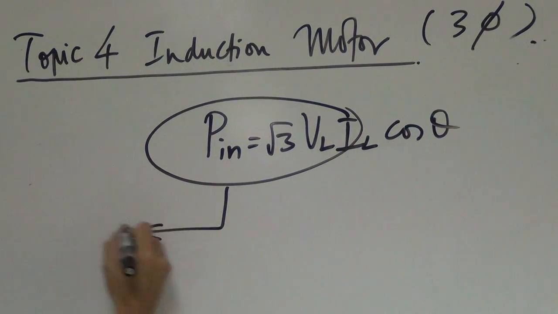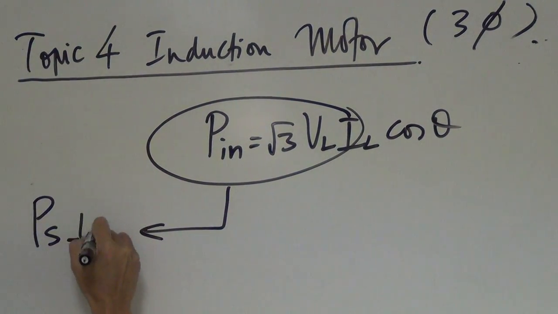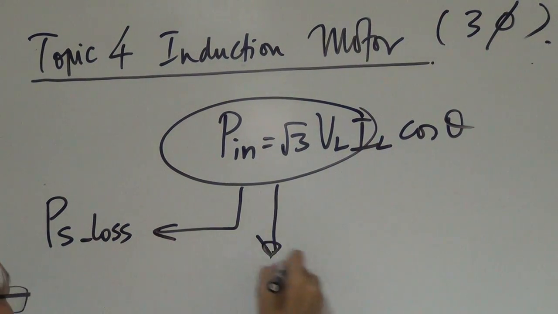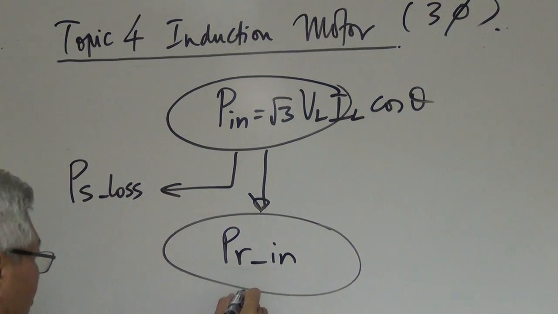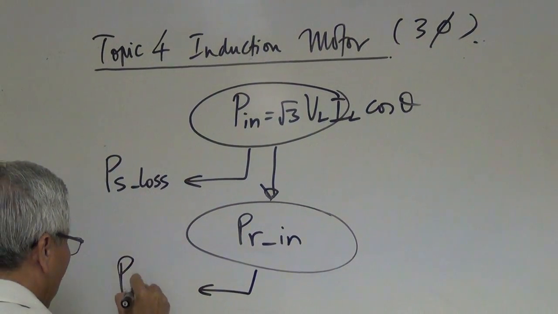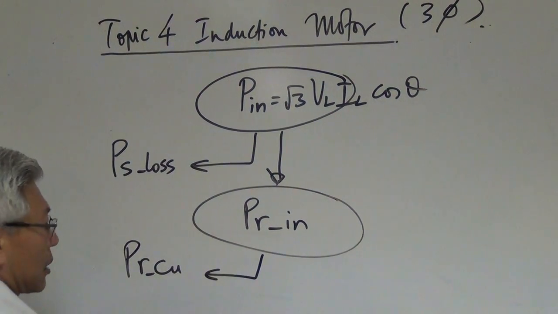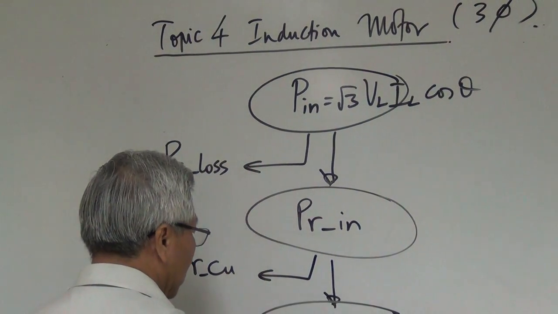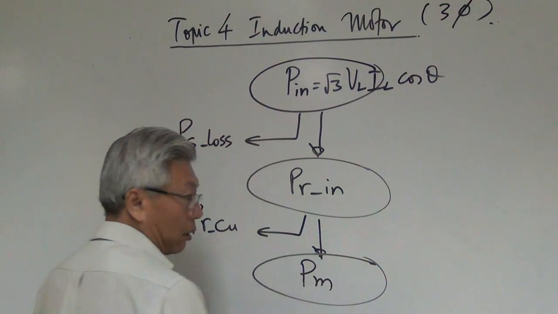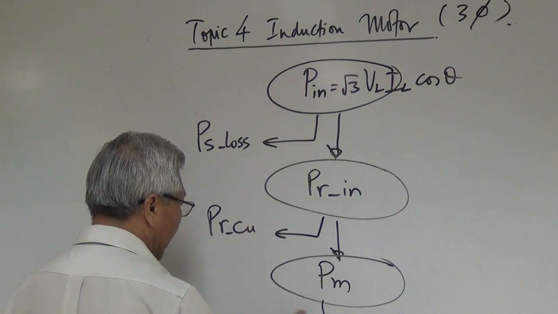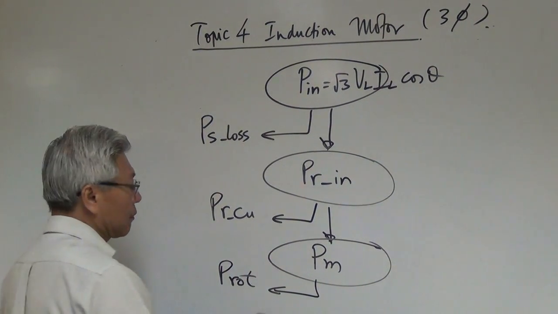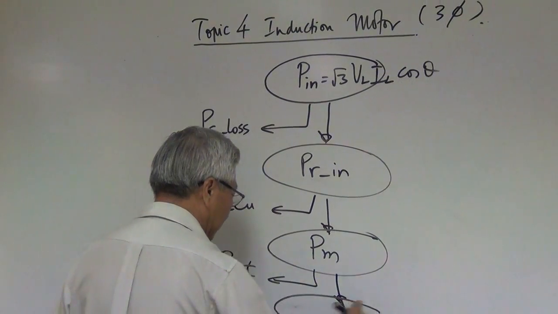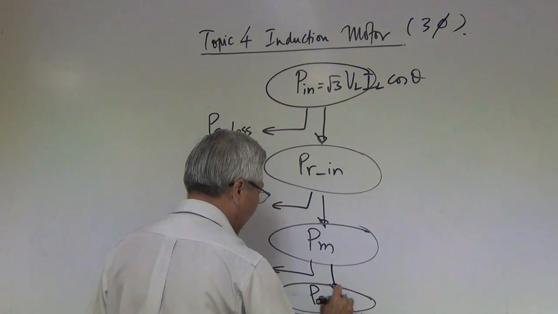And the losses is the stator loss. Then the rest goes into your rotor input power. And the rotor also would have loss. The major loss is called the copper loss. Then the balance goes to the gross mechanical power. And the gross mechanical power would have this miscellaneous loss, which is the rotational loss. Then becomes the useful power, which is called the output power.